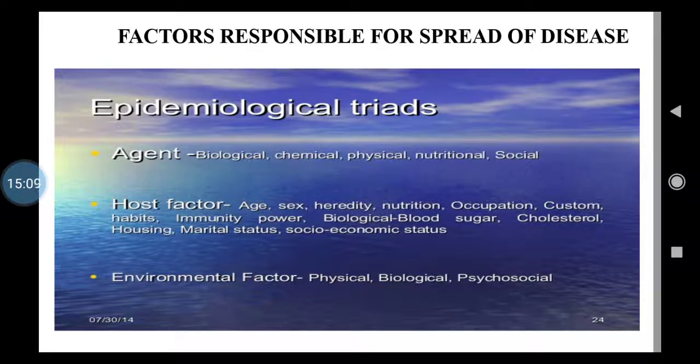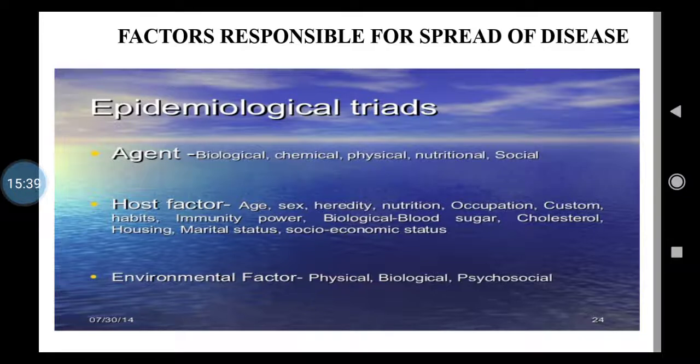Then if we take the example of sex, females mostly suffer from cancer of the breast or uterus. Cardiovascular diseases are more common in males as compared to females. Then the hereditary factor is also very important; here we can take the example of diabetes and mental disorders.